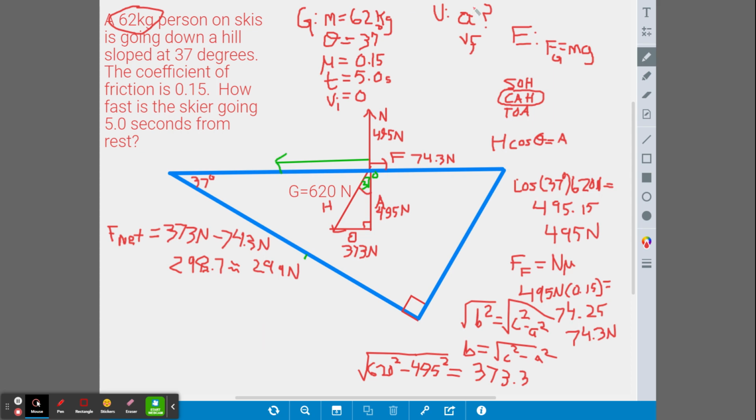Now we can get to the acceleration. To get to acceleration, we can use this equation. Acceleration equals F net, which we just figured out, divided by the mass. I'm going to use a different color here for acceleration. So that's going to be 299, that's our F net, divided by the mass of the skier, which is 62 kilograms.